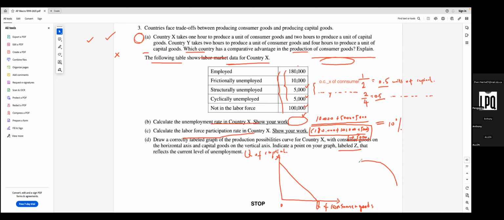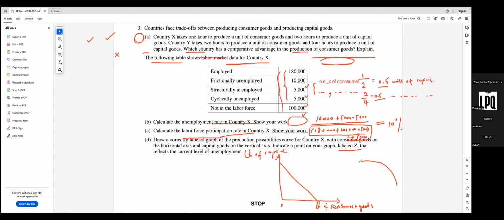Actually, by real life standards, 10% is pretty high. If the unemployment rate is 10%, that is a really, really high level of unemployment. Some of the workers are willing to work, but they really cannot find a job.